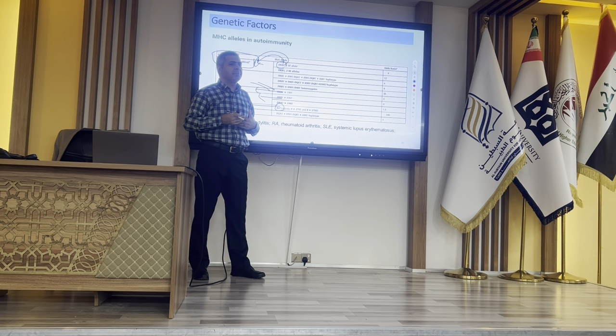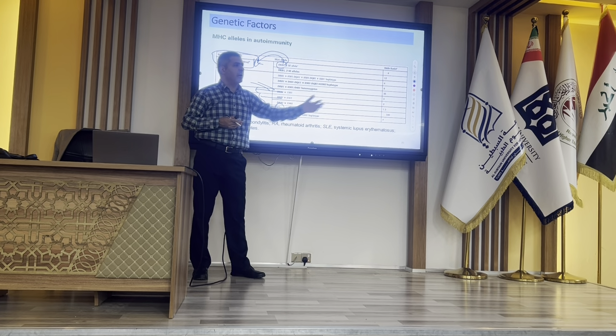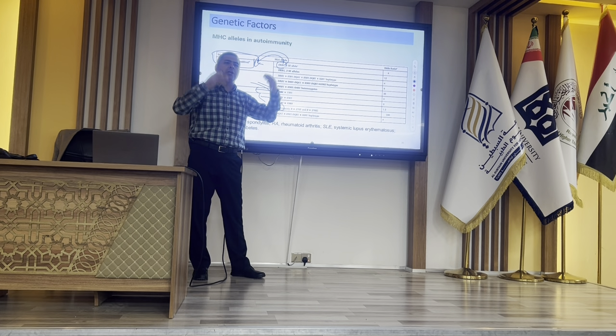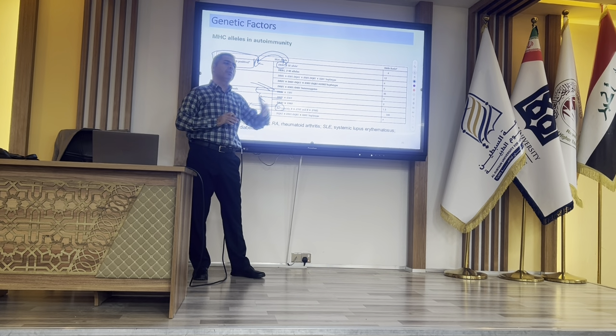If I'm exposed to other environmental factors in my lifetime, I will develop autoimmunity. But if I am not exposed to some environmental factors, including viruses, microorganisms, UV, and many others, it is possible that I won't develop autoimmune disease.